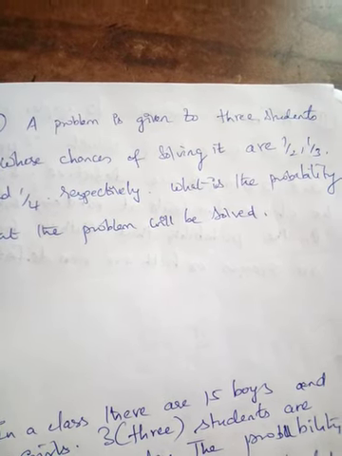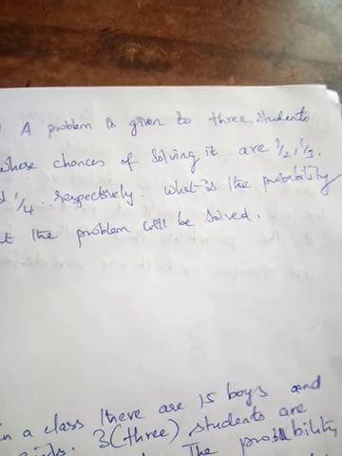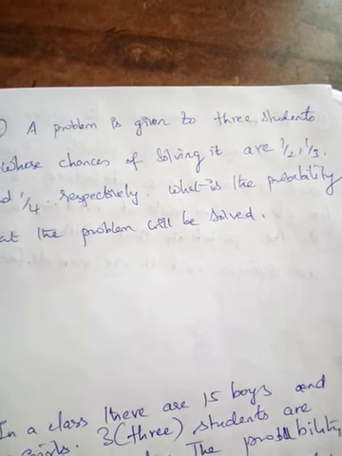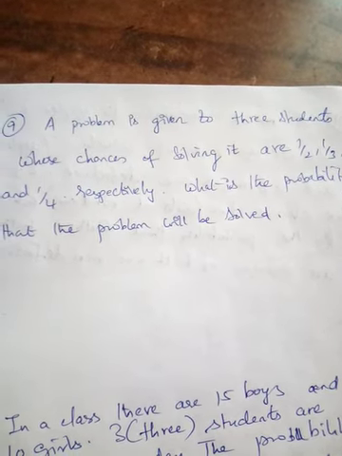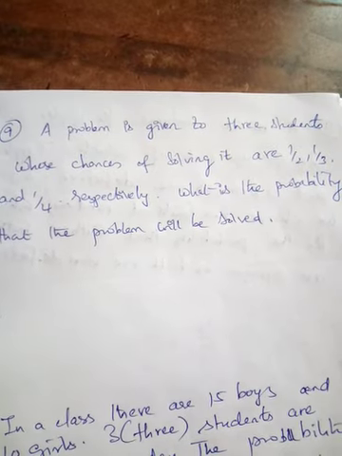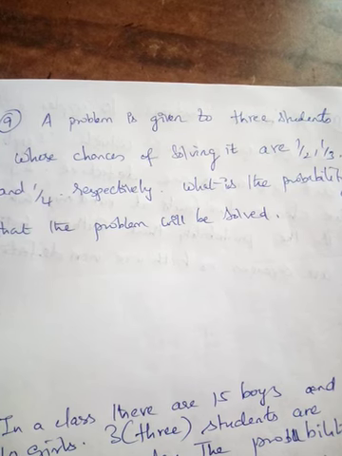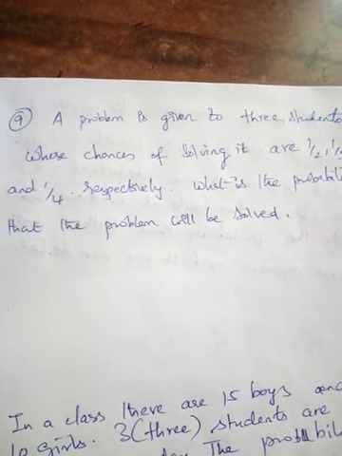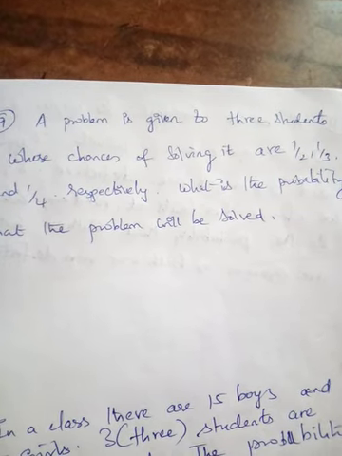The second person is 33.33%, that is 1 by 3. The third person is 25%. What is the probability that the problem will be solved finally? That is the question now.